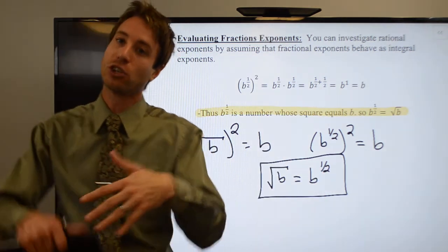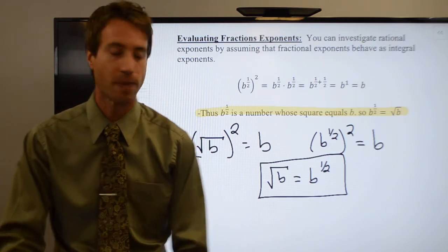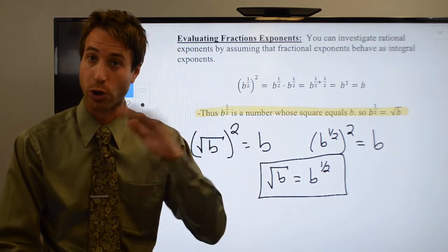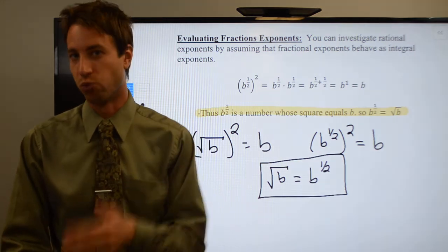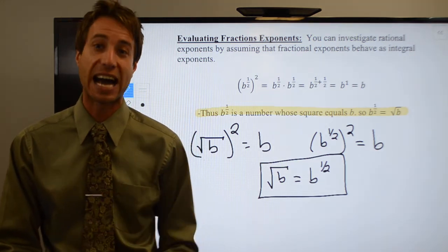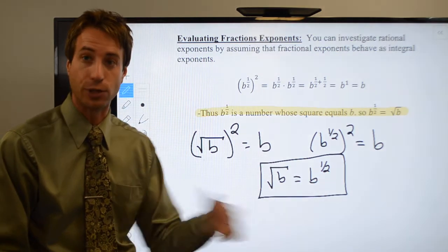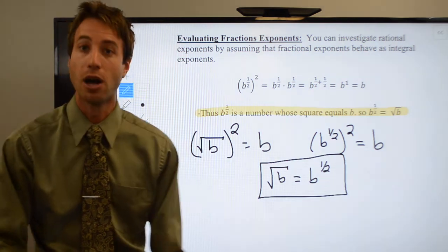And what we're going to look at here on the next page when we do a couple of example problems is this. Whatever the denominator is in your rational exponent will be the index when you rewrite the expression as a radical. Since the denominator is a 2, I would have an index of 2, which of course we don't write, 2 is implied, and I just write the square root of b.